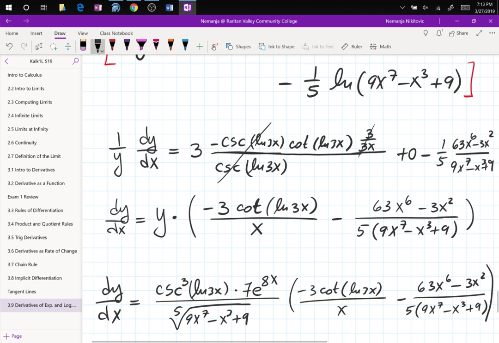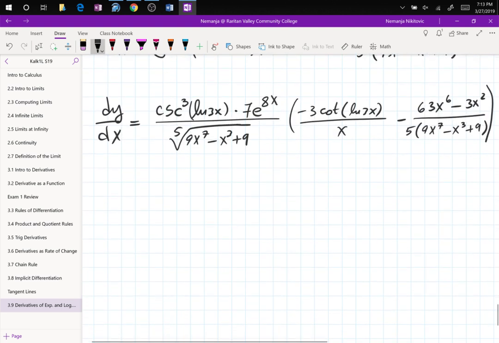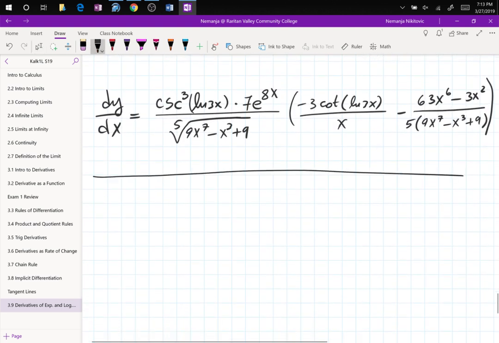Well, okay, so my first question is, why is the derivative for ln 3x 3 over 3x and not just 3 over x? Okay, so here we have two different situations.